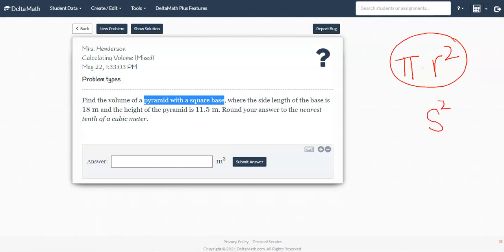So we don't need a pi, but we do still need a 1/3 because a pyramid gets smaller at the top like that. A pyramid or a cone is always 1/3.